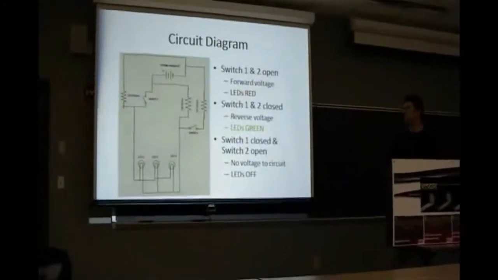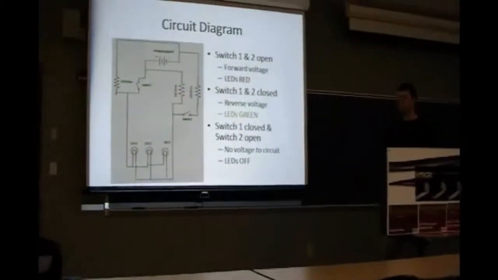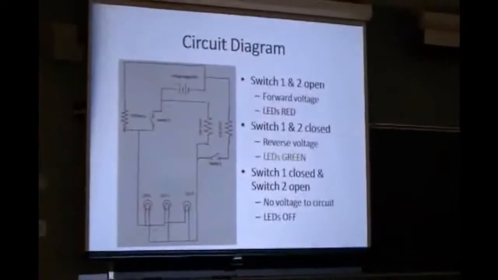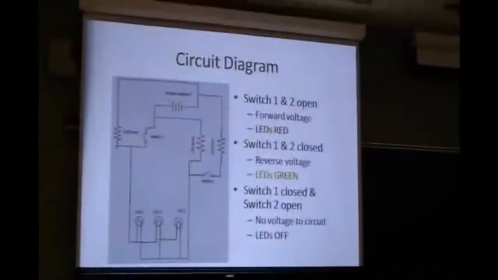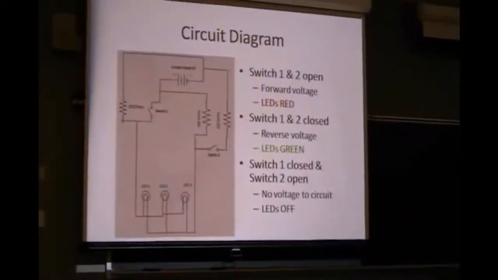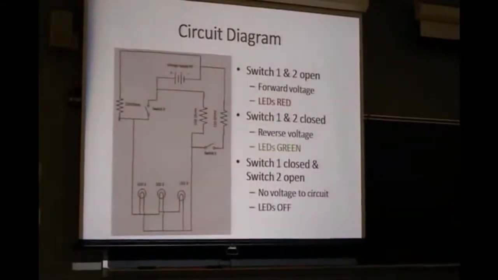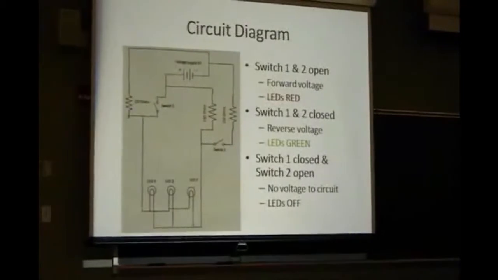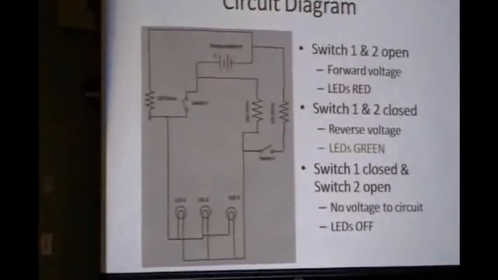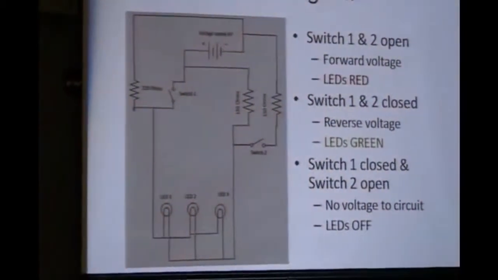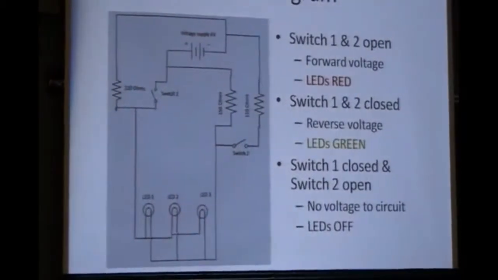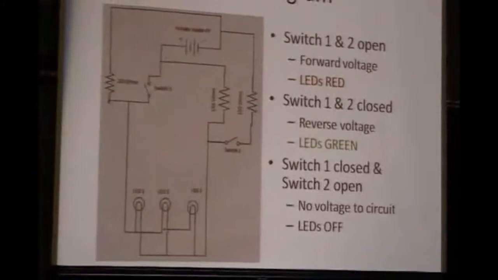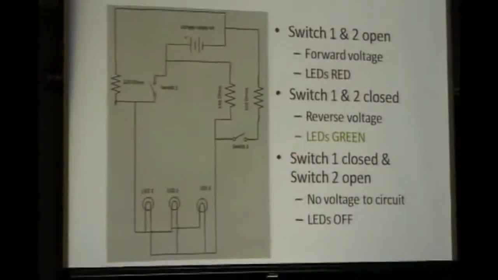So for this, we had to come up with a nice circuit that would effectively light the LEDs in the manner that we wanted. So we used 3 bicolor LEDs, and they rely on being able to apply a forward voltage and a reverse voltage. For this circuit, which you can see here, we have 2 detect switches, which are attached to the backing of the board.